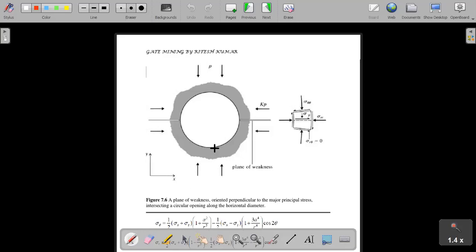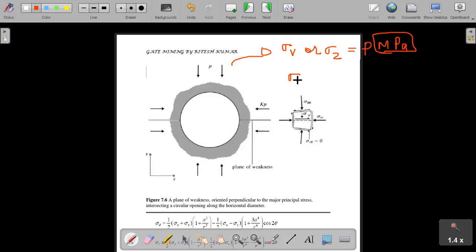In this type of question, how is it solved? It is assumed that, let's say, sigma vertical or sigma z, you can represent either way, is P, let's say megapascal. It's not defined, but let's say megapascal.